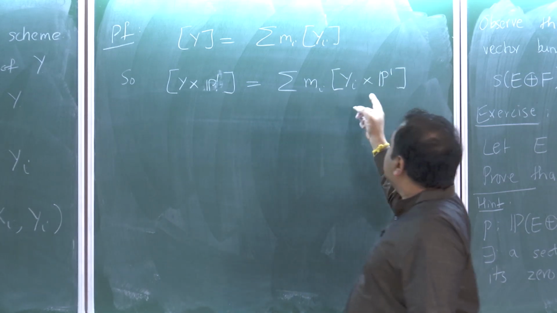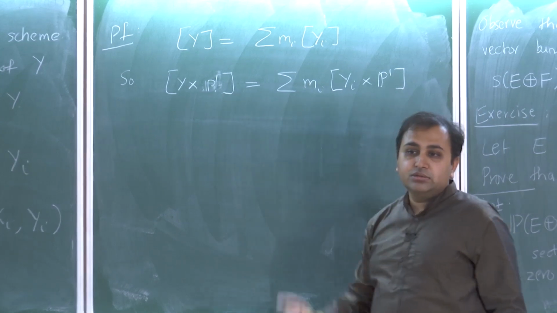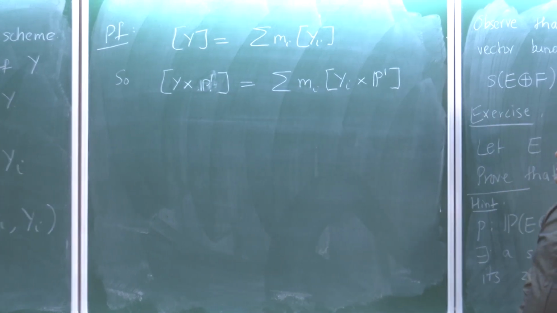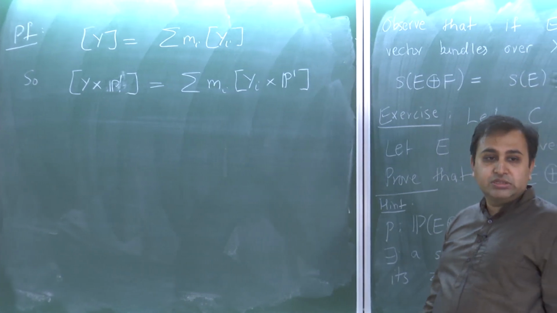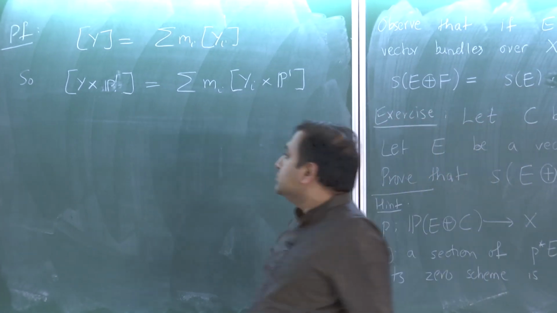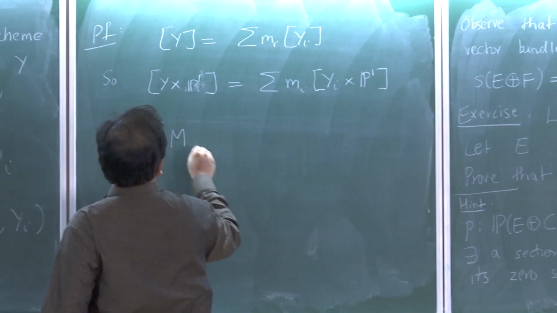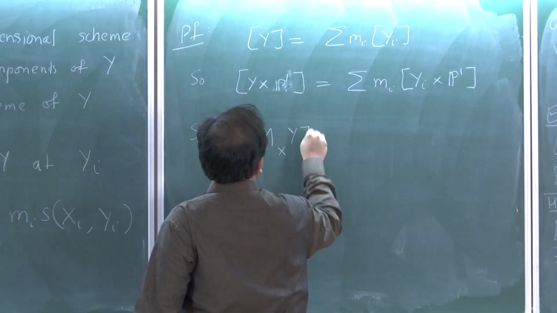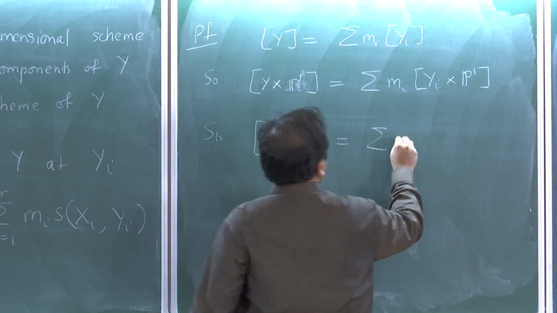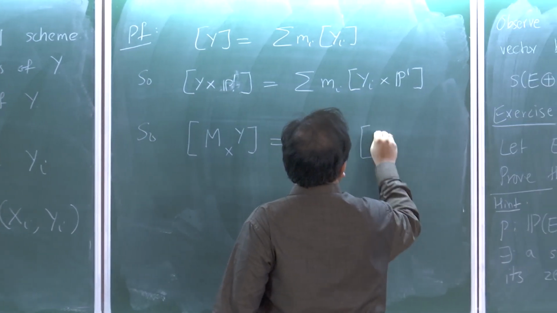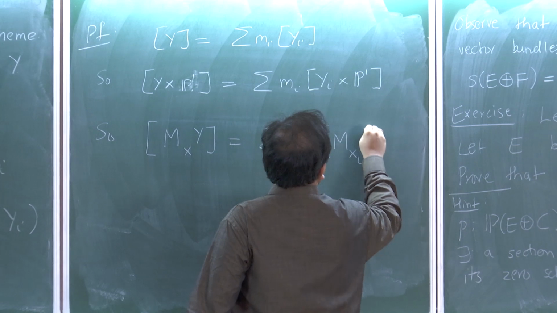So these are the multiplicities for this collection of schemes also. Now if I blow up, it should still remain the same, right? So M(X,Y) is equal to summation mi M(Xi,Yi).